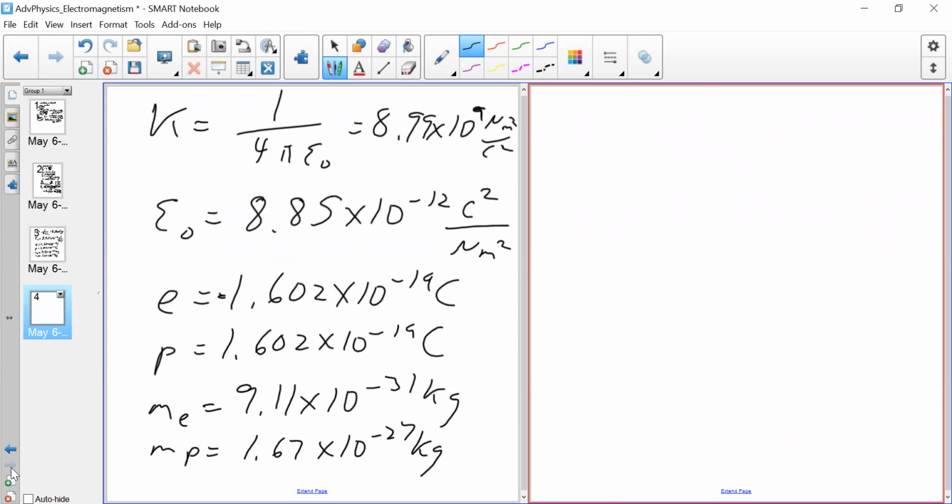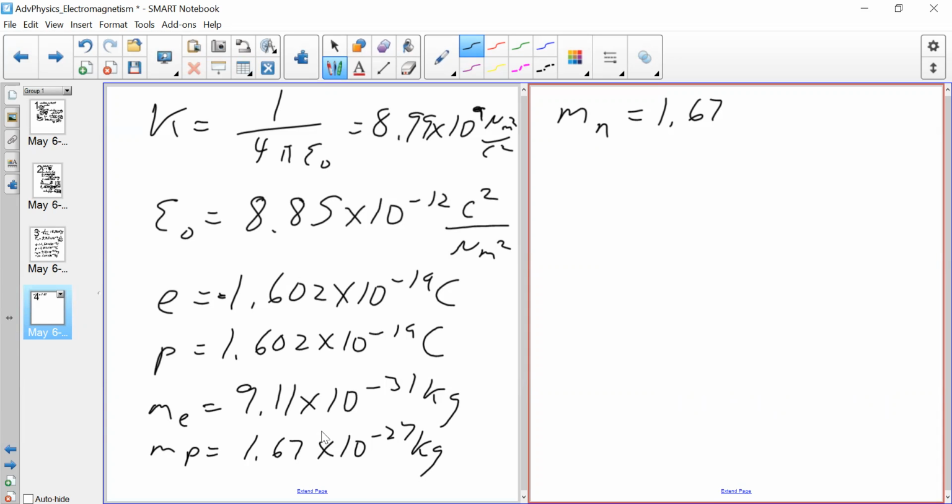And then the neutron has almost the same mass as a proton. It's neutral, hence neutron, and 1.67. It's a little bit heavier, actually. So let me amend that. They're not exactly the same mass, but almost.